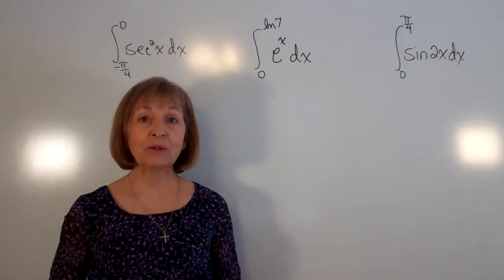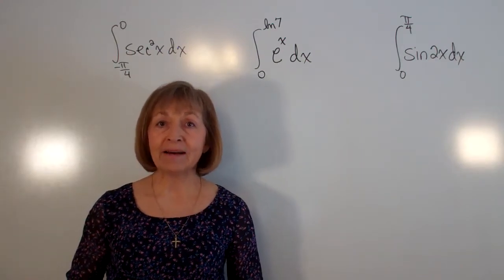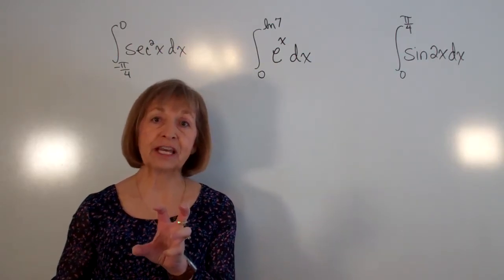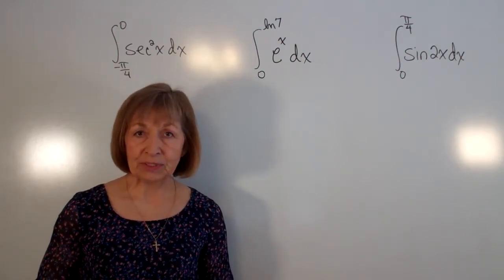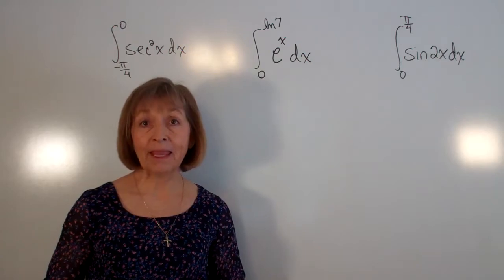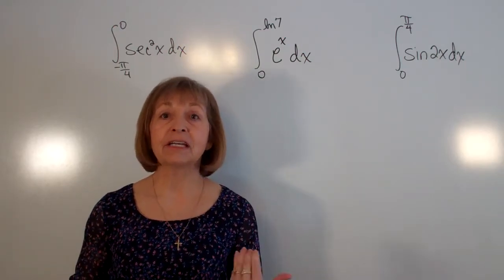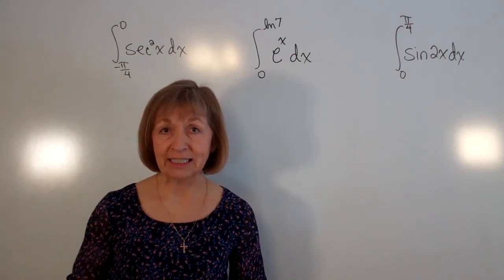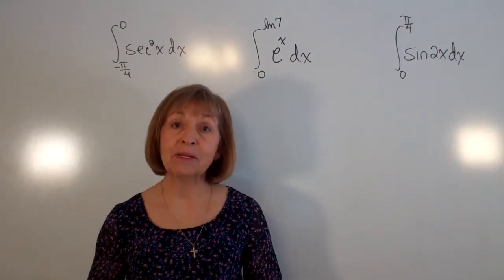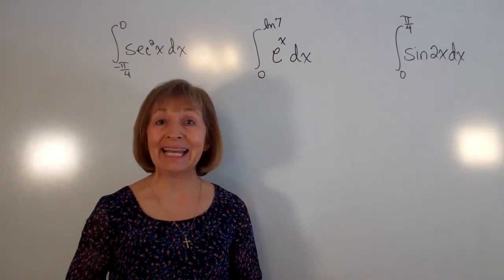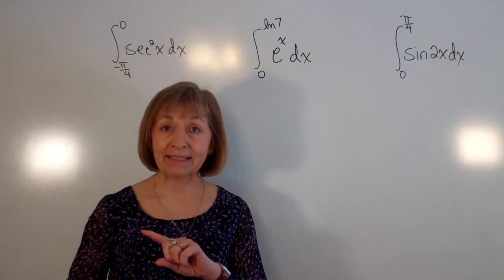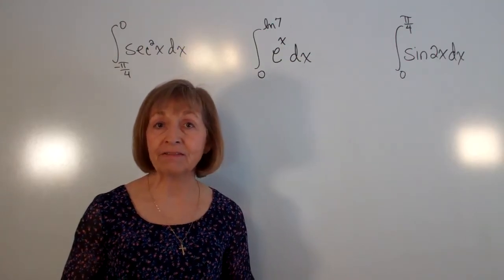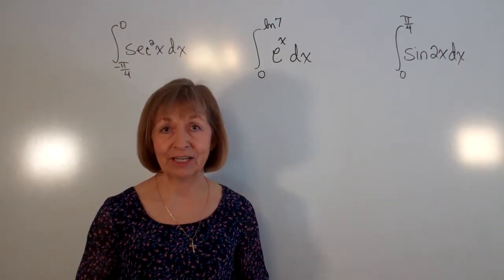And remember, the fundamental theorem of calculus says, if you have a definite integral where the integrand, that function that you're integrating, is a continuous function on a closed interval, and capital F is an antiderivative of that function over the closed interval, then your definite integral can be found by evaluating the antiderivative at the top limit of integration minus evaluating an antiderivative at the lower limit of integration.